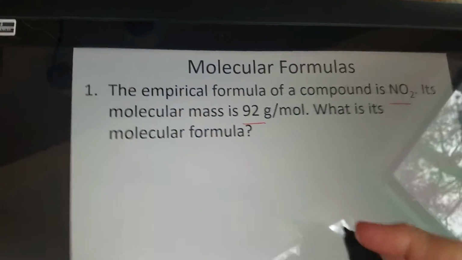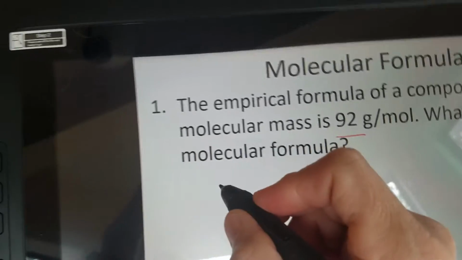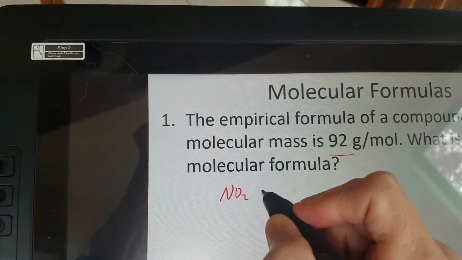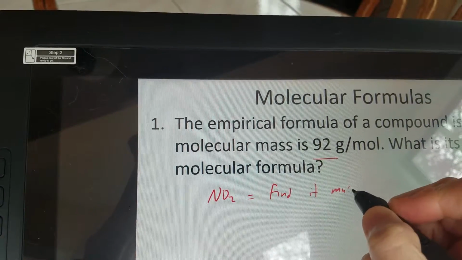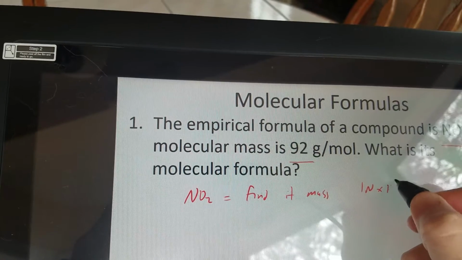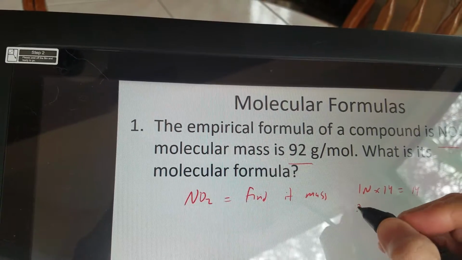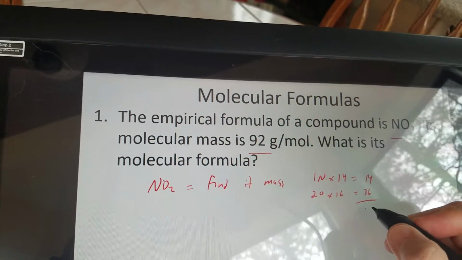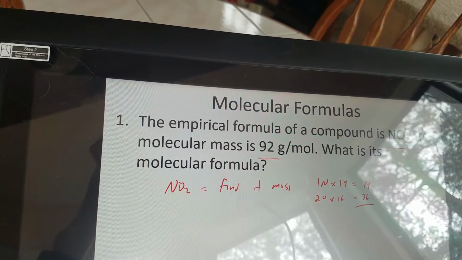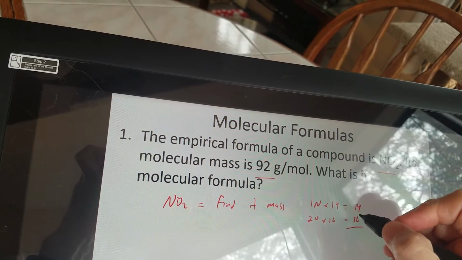So what I need to do is take my empirical formula, which is my NO2, and find its mass. So I have 1 nitrogen at 14, 2 oxygens at 16, for a total, that should be 32, sorry.